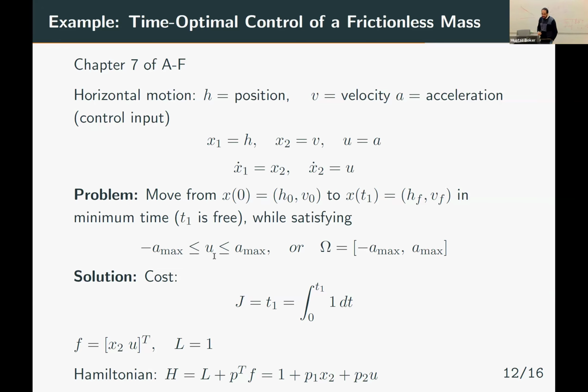This is why we need the Hamiltonian. So the Hamiltonian definition is L plus p transpose f, right? f is the constraint of the dynamics of the system, so we need to respect the dynamics of the system, and L is the cost here.